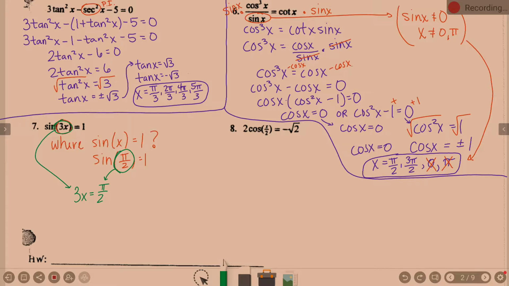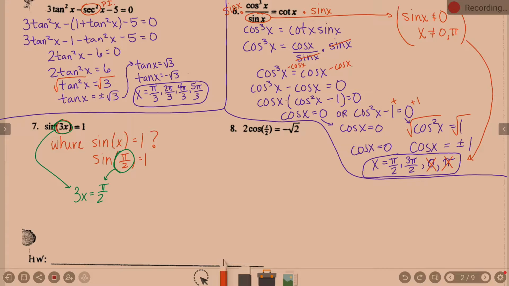So sine of pi over 2 equals 1. 3x and pi over 2 are in equivalent spots, right? Set them equal to each other. How do I solve for x? If it's 3 times x, one thought is to divide by 3.